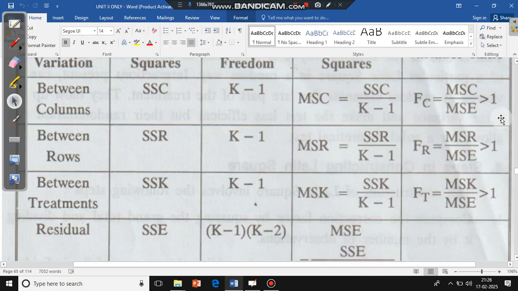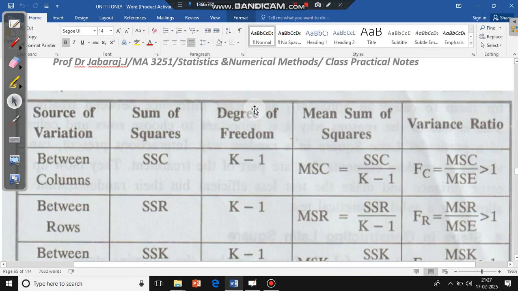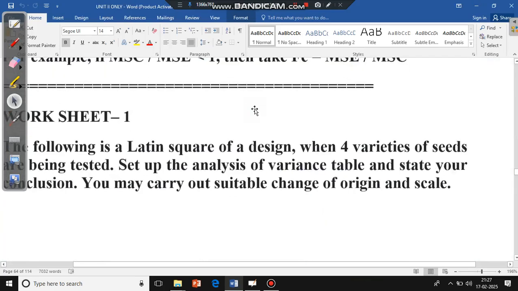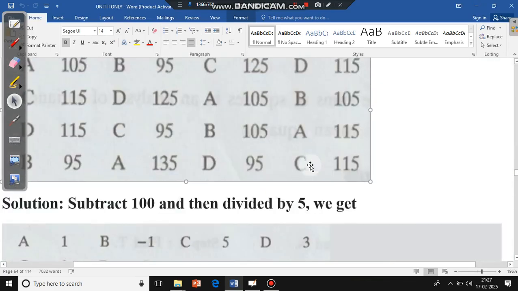From their comparison, we can take the decision on the three homogeneities through columns, through rows, and through treatments. And this is how we discuss a three-way analysis, and this is used for the Latin square problem. This type of analysis is used for Latin square problems.